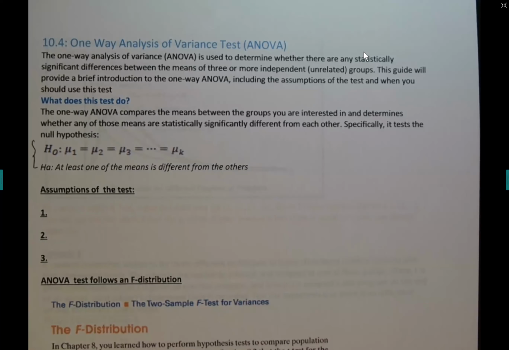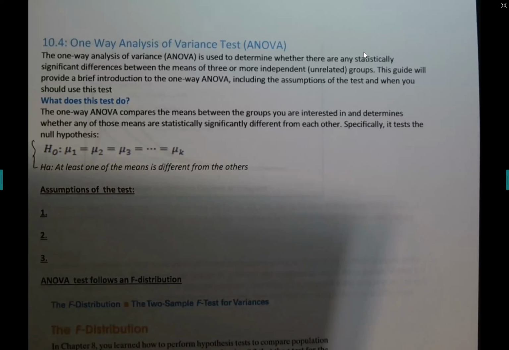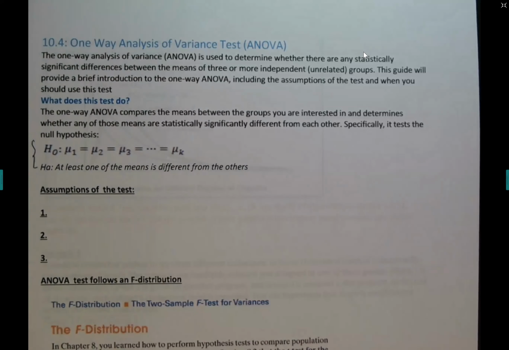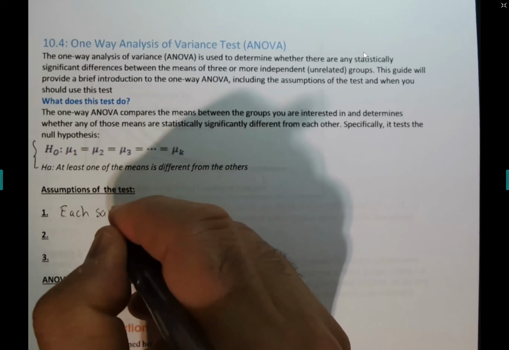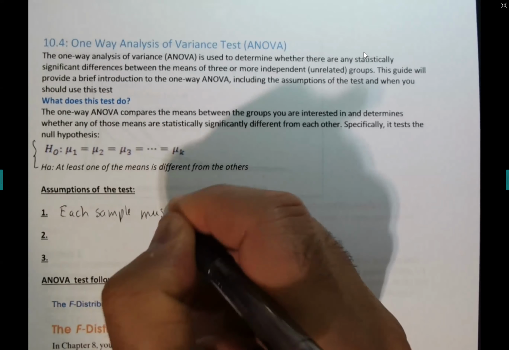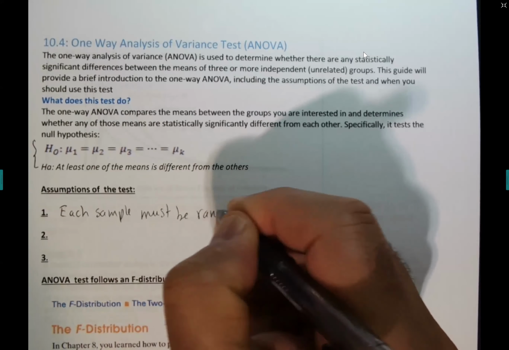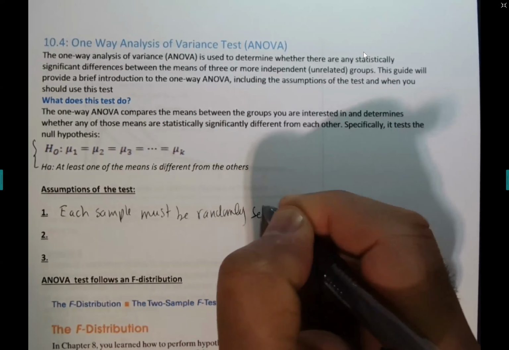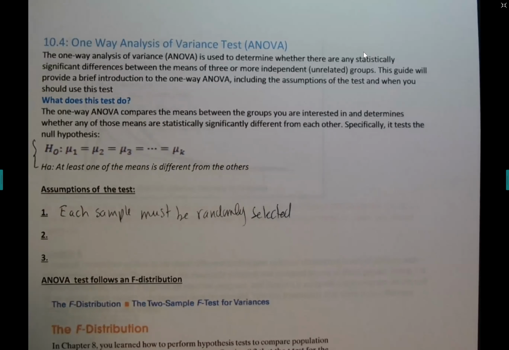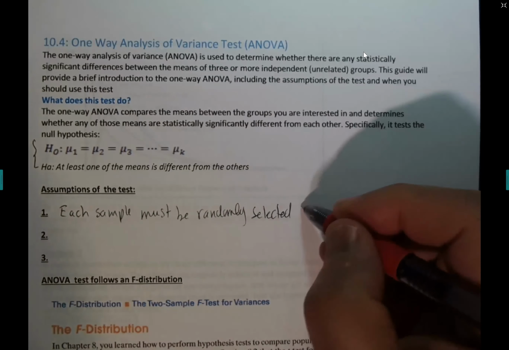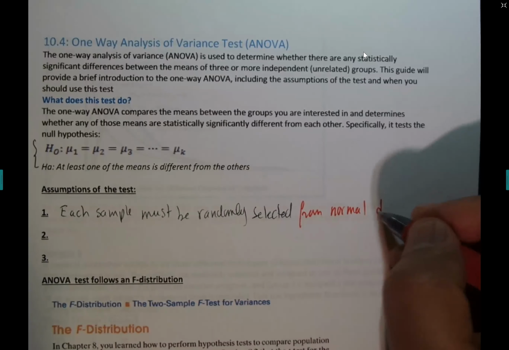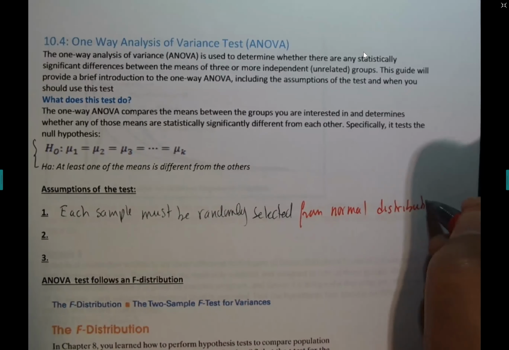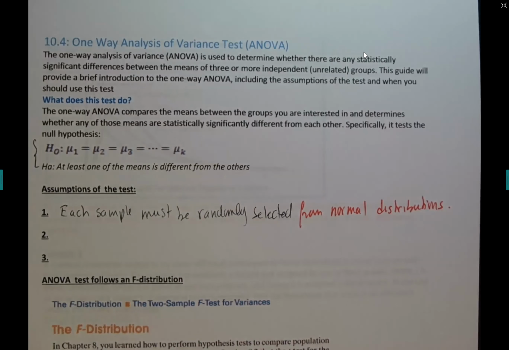Now, the assumptions of the test. The first assumption: each sample must be randomly selected. Always in good statistics, the sample must be randomly selected from normal distributions, so the population has to be bell-shaped. That's condition number 1.